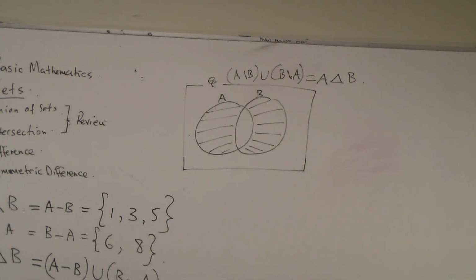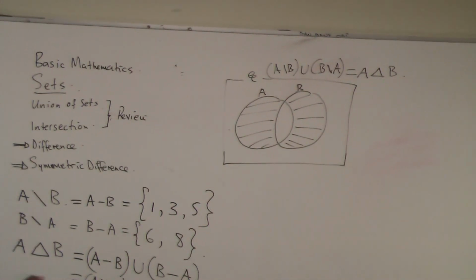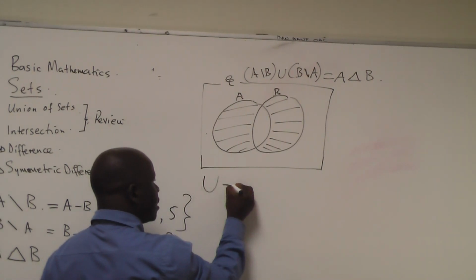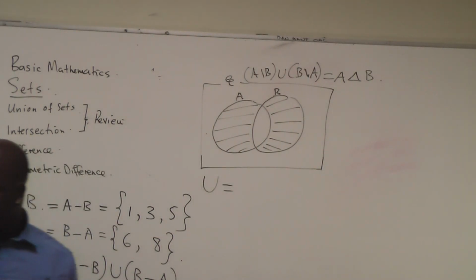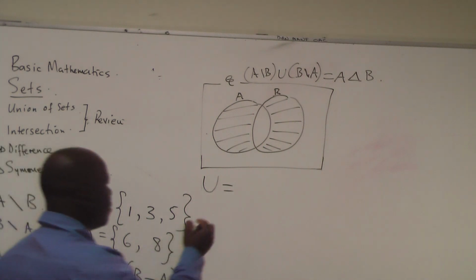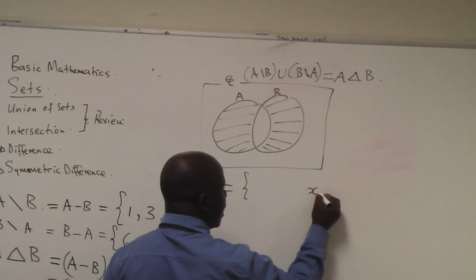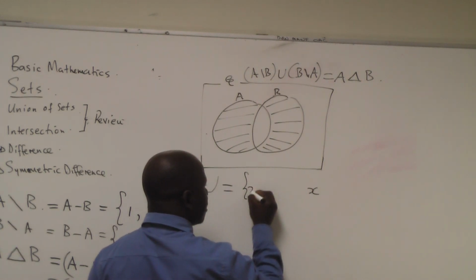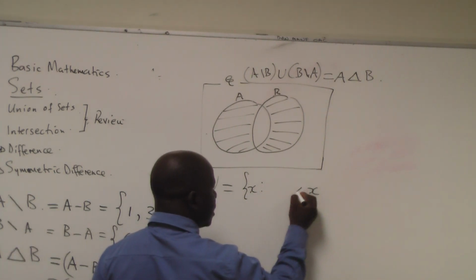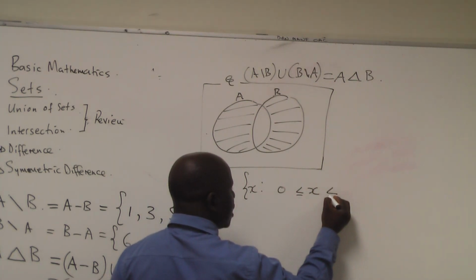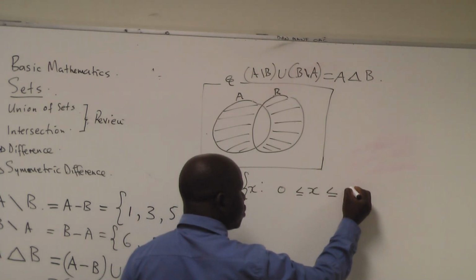Now, maybe I need to use an illustrative example here so that we have a clear picture of what we are talking about. Let me say we have our universal set U, let me say it contains X such that this X is between 0 and up to 12.